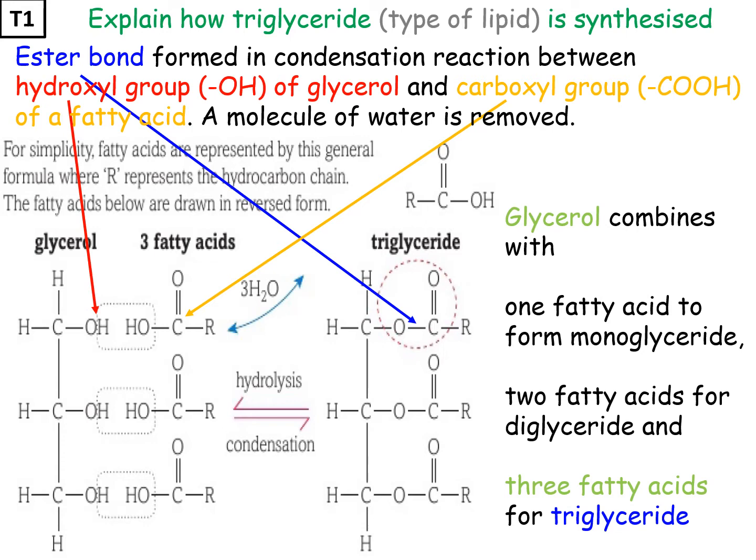So in this case, the bond between the glycerol and the fatty acids is known as an ester bond. The fatty acids that are bonded to the glycerol can be different to each other because of the hydrocarbon chain that they are made of.